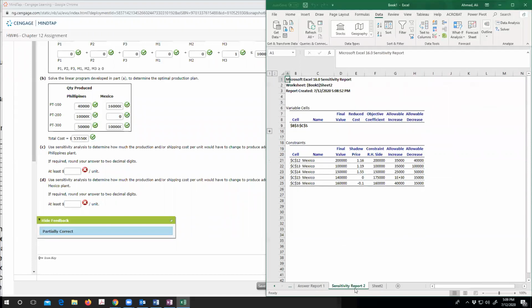I don't know. Let's see. This is not the right option. I'm looking for sensitivity results, but not able to find it. All right, I'm looking for other options.